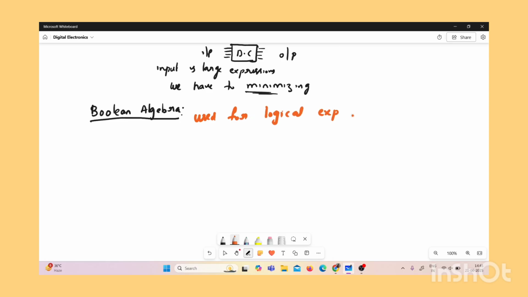Boolean algebra is used for minimization of logical expressions. Up to where can we use it? It is used for minimizing logical expressions when the number of variables is very small.